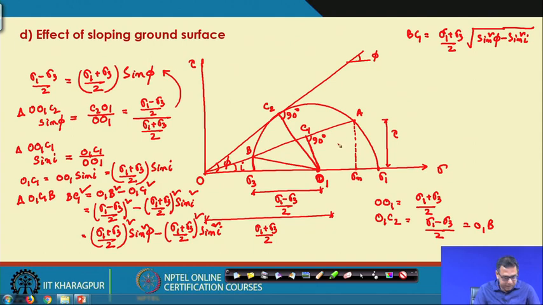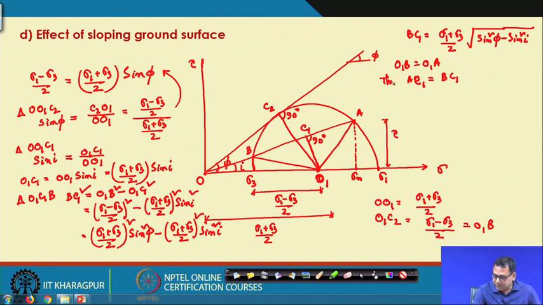And similarly, if I join this line AC1, AC1 and BC1 are both the same, because these are radius, this is the common side between the two triangles, and this angle is 90 degrees. So, O1B is equal to O1A, and this is 90 degrees. So, we can write that AC1 is equal to BC1.